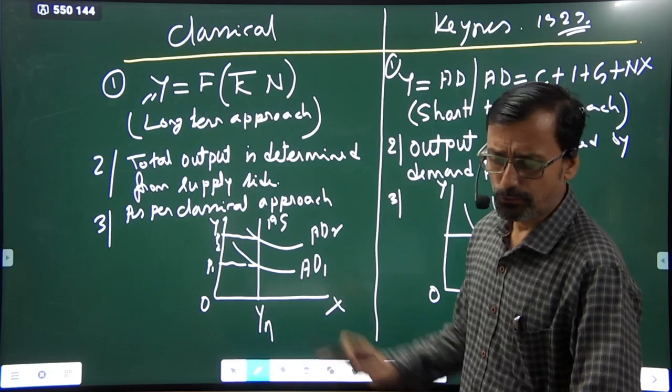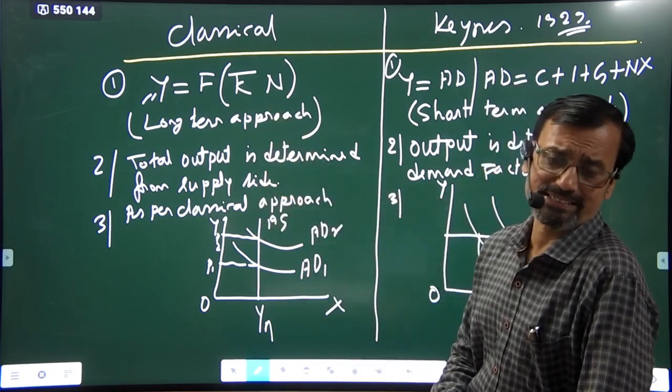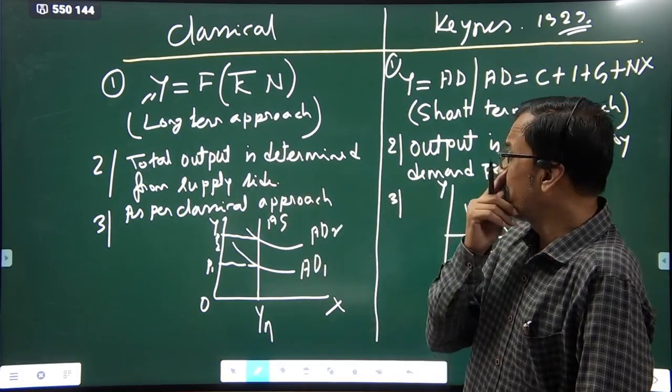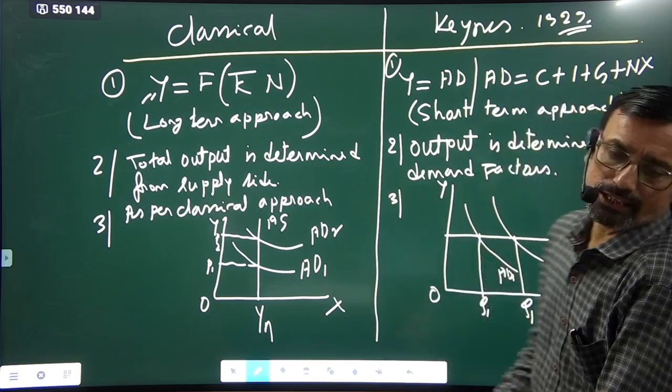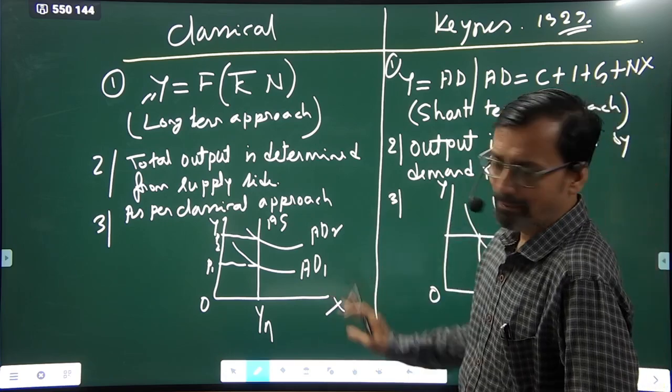This is the role of aggregate demand. In the classical case, it determines only what the price of the output that the economy produces will be. This is the fundamental difference.